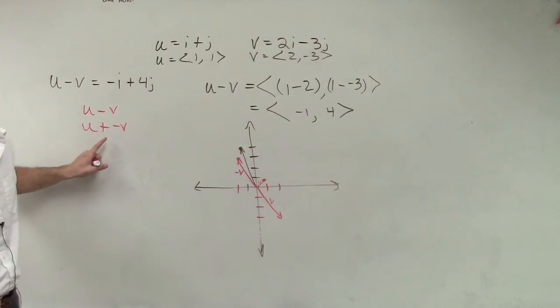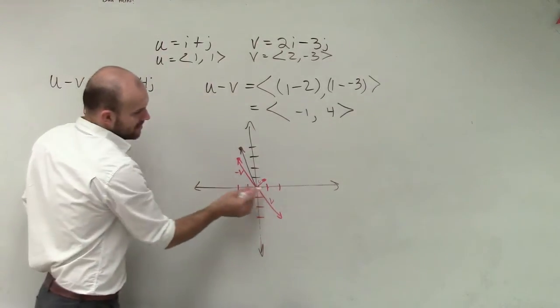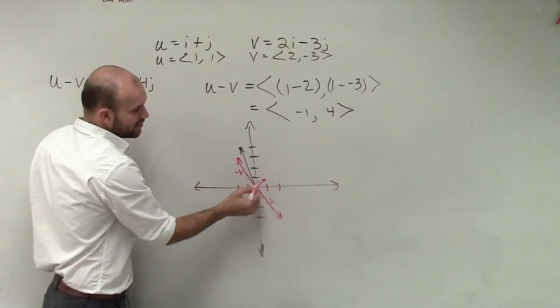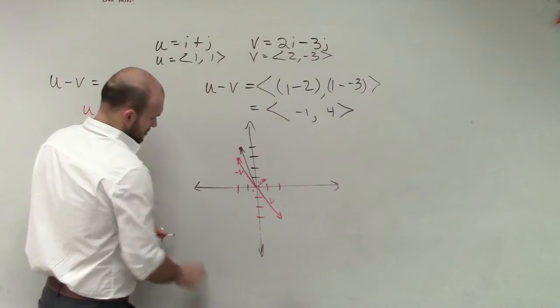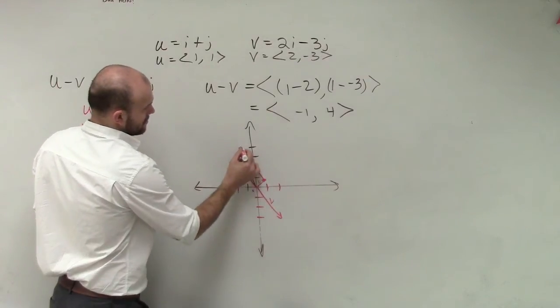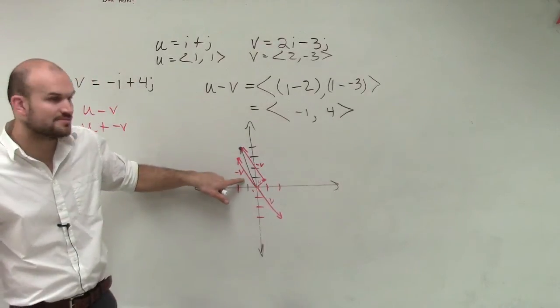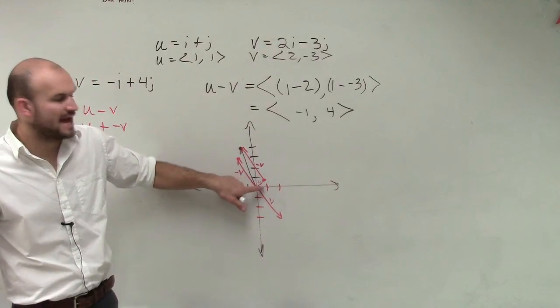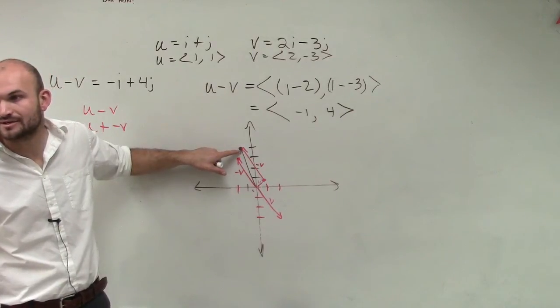Now, how do you do adding, right? You take one vector and put it on top of the other vector. So therefore, if here's negative v, if I do u plus negative v, what I do now is transpose my negative v to the end of my vector u, and guess what? You get to the end of your resultant vector, right?